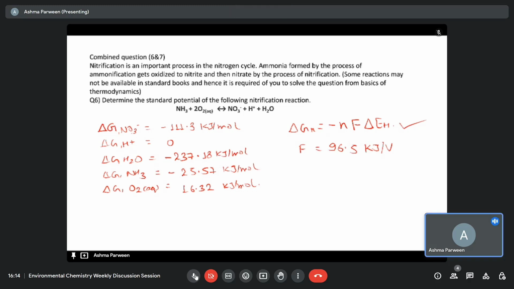I've also provided the Faraday constant, that is 96.5 kilojoules per volt. Just put everything in this formula and we can find the value of delta EH of the reaction.